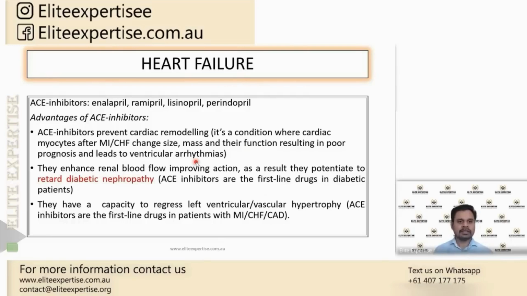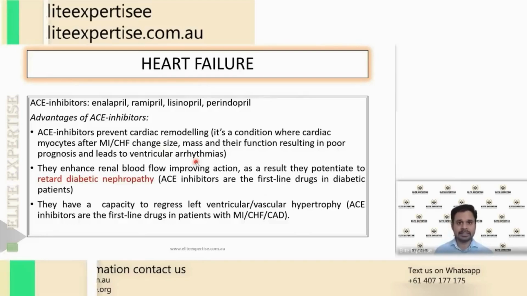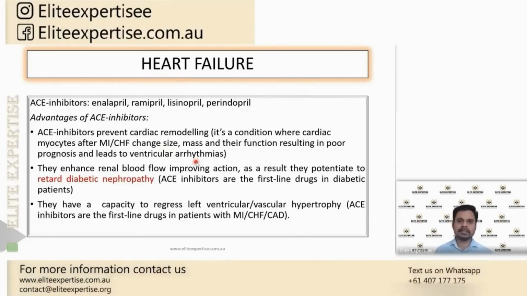And by putting the patient on an ACE inhibitor, so if a patient has a heart failure problem and we put the patient on an ACE inhibitor, then these ACE inhibitors prevent such cardiac remodeling. That is, they prevent change in the size, shape, mass, and function of the heart.